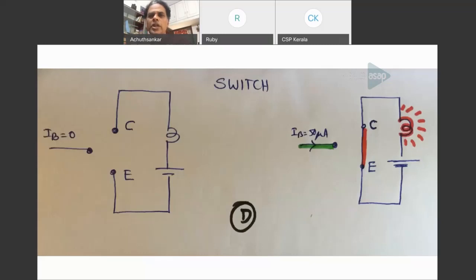Please understand, actually there is no amplification being done. The collector emitter circuit has an energy source. In our switch, you see a battery there. That is the energy source for the collector emitter. The base circuit also has an energy source.